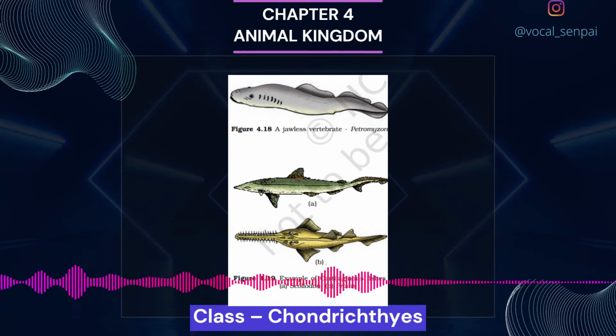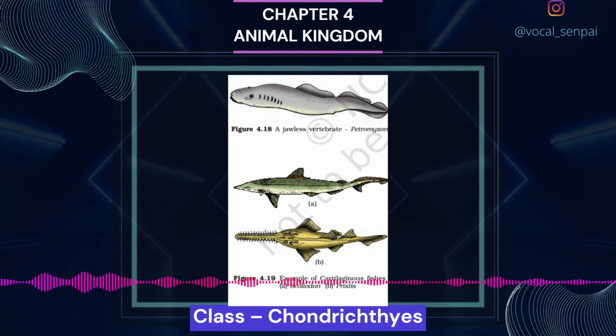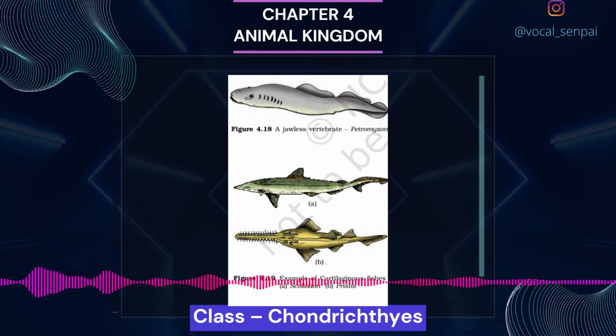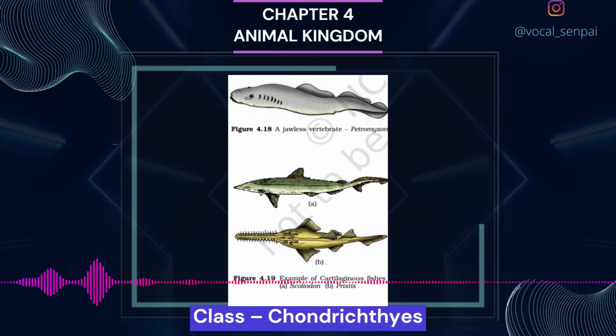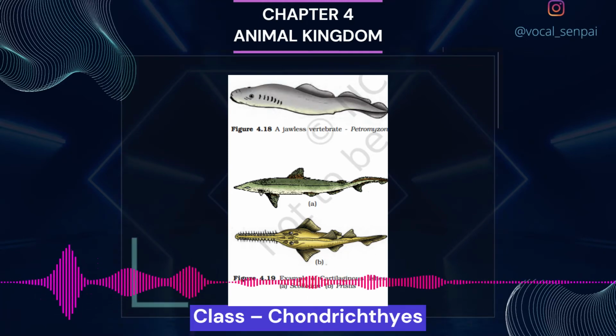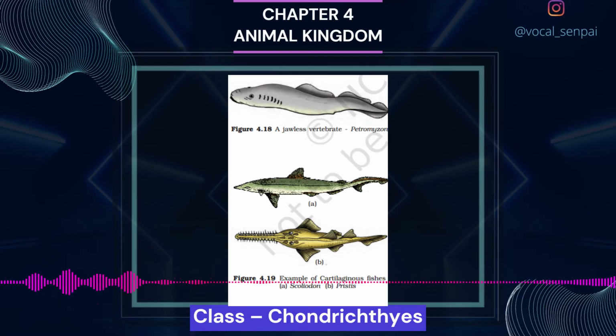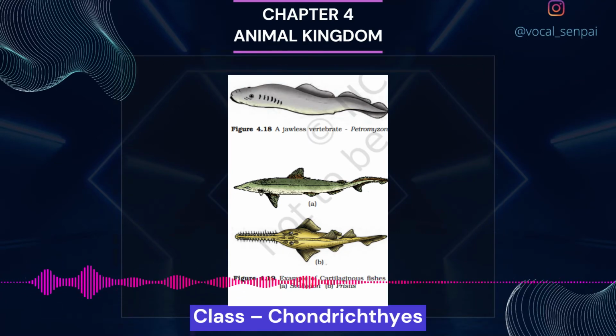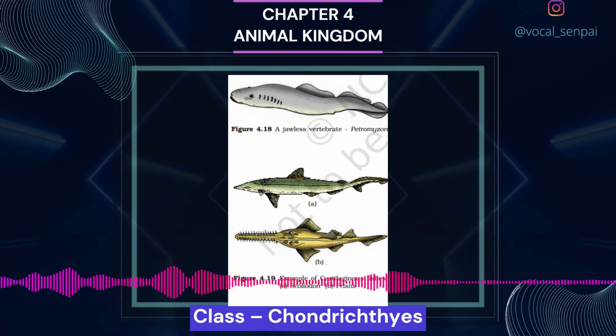These animals are predaceous. Due to the absence of air bladder, they have to swim constantly to avoid sinking. Heart is two-chambered, one auricle and one ventricle. Some of them have electric organs, example, Torpedo, and some possess poison sting, example, Trygon.